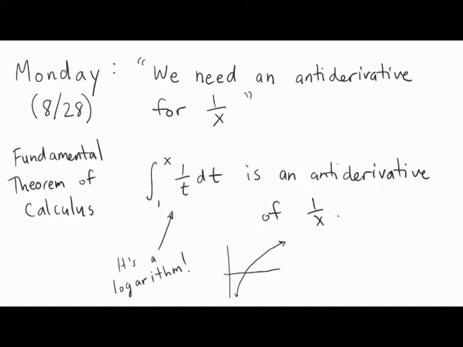But this logarithm's base we found was e, 2.718, and so on. We call this the natural logarithm. The fundamental theorem of calculus is what tells us that the derivative of natural log is 1 over x.